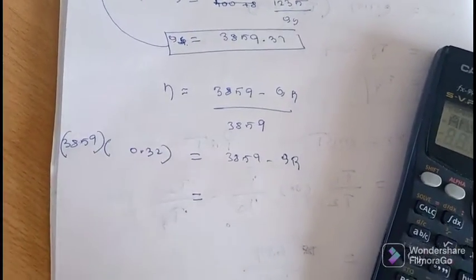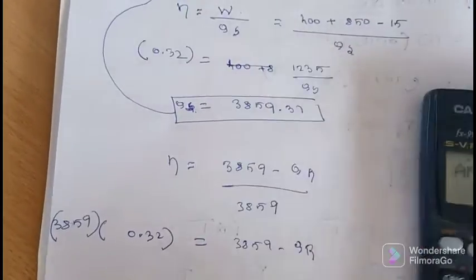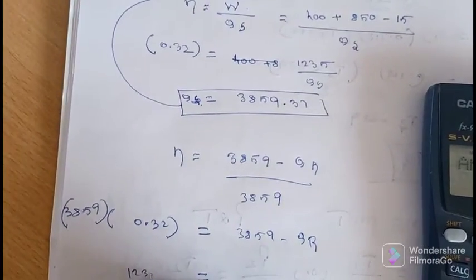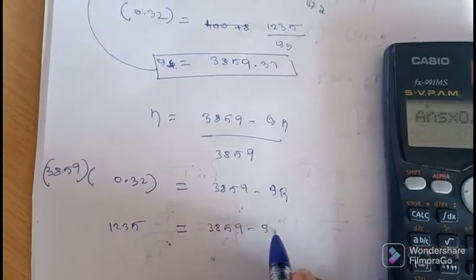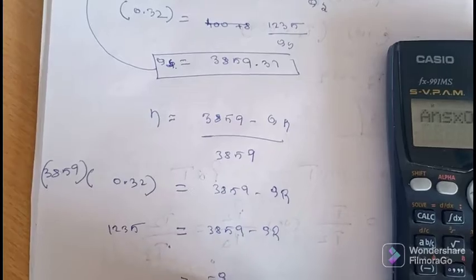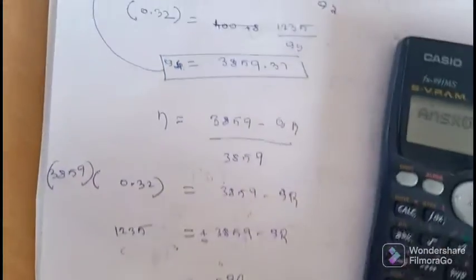3859 into 0.32 is 1235. Then 3859 minus Q R. So minus Q R, here it is in positive value. When it comes to the other side, it will become negative.